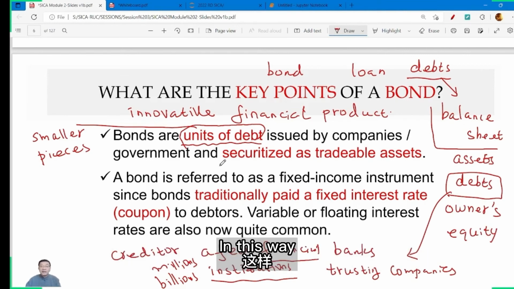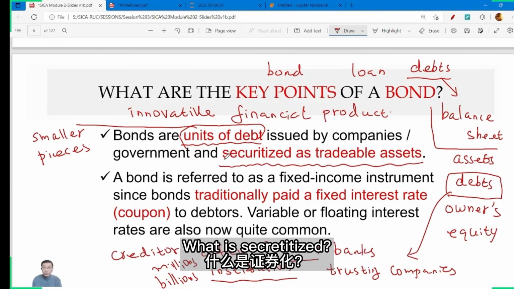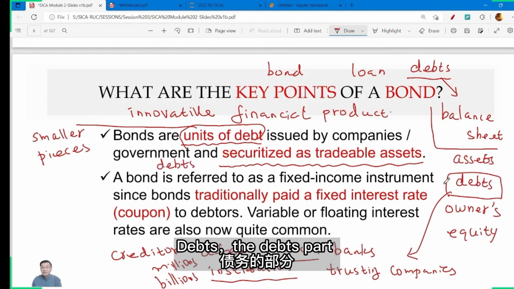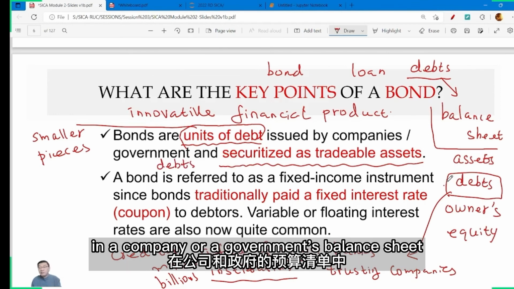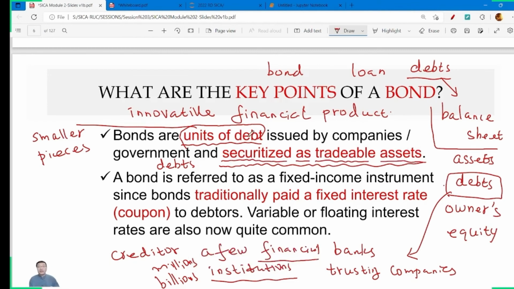In this way, we call them securitized as tradable assets. What is securitized? Debts. The debt part in a company's or a government's balance sheet is securitized as tradable assets of investors.